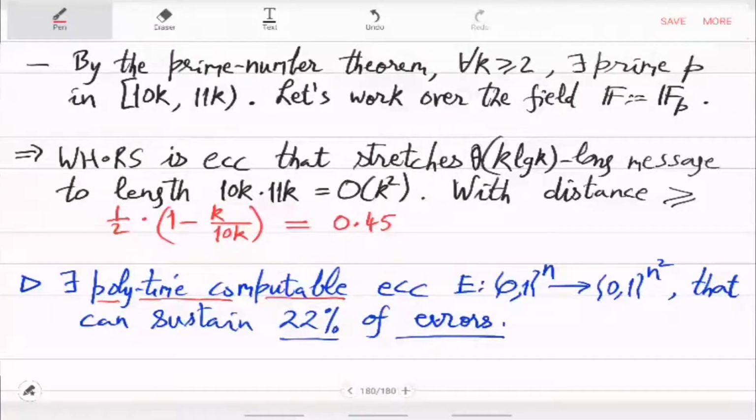It's a really efficient error correcting code, and it is able to handle, at least theoretically, a large fraction of errors under sub-quadratic stretch.